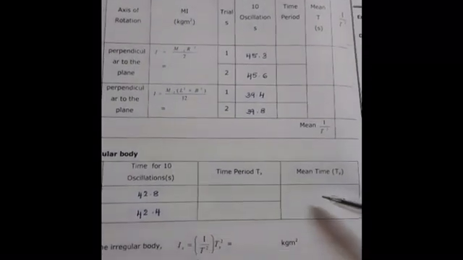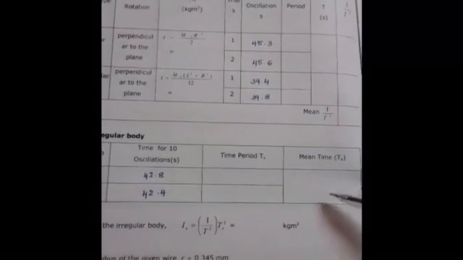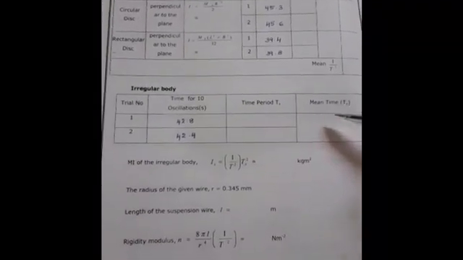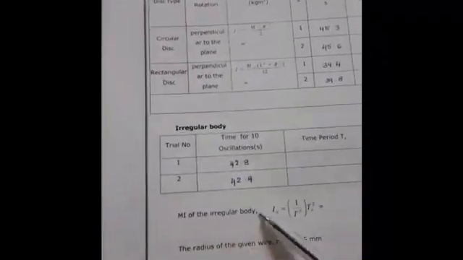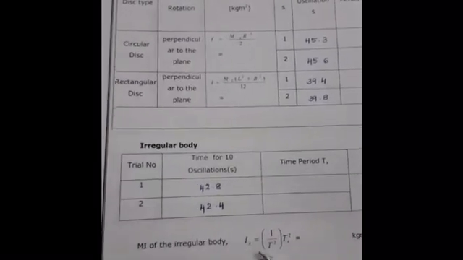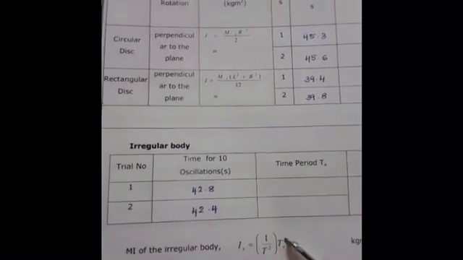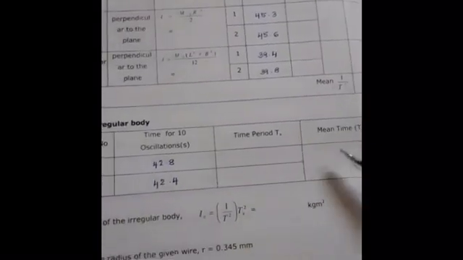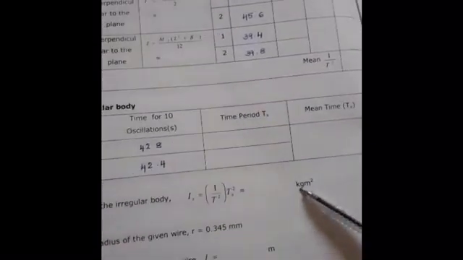This is the time period of the irregular body. Now to calculate the moment of inertia of the irregular body, use the equation Ix = (I by T square) into Tx square. Substitute I by T square from the mean value and Tx square from this given value and calculate.